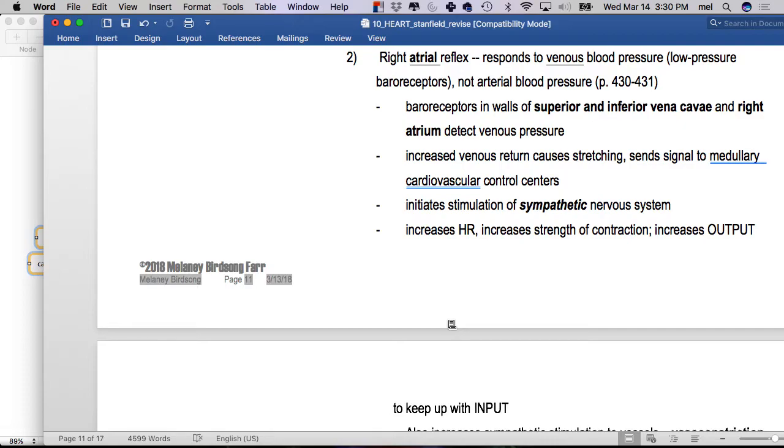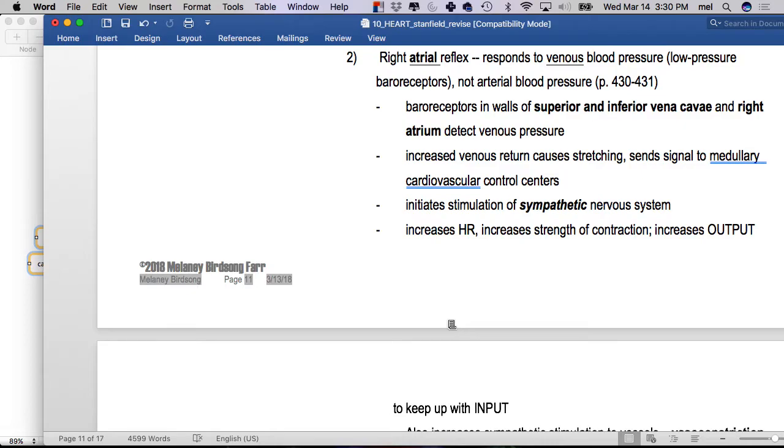They're going to still tell the medulla oblongata because that's what you tell, right? The sensory input's going to go to the medulla oblongata. But how is the medulla oblongata going to respond? What do you guys think? If you tell the medulla oblongata that I've got boatloads of blood in my right atrium and my superior and inferior vena cava, should it activate the sympathetic nervous system or the parasympathetic nervous system?